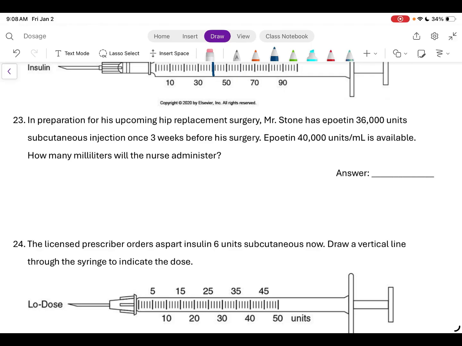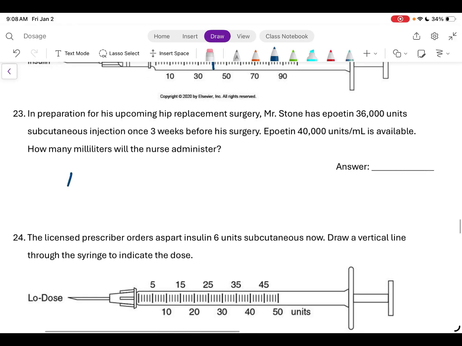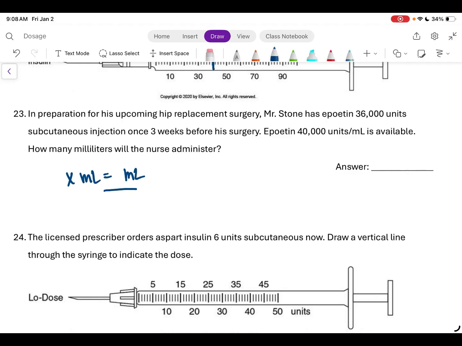Okay. Mr. Stone has epoetin 36,000 units injected once 3 weeks before his surgery. You have epoetin 40,000 units per milliliter available. How many milliliters will you give? So X mL. We have 1 milliliter, that is equal to 40,000.